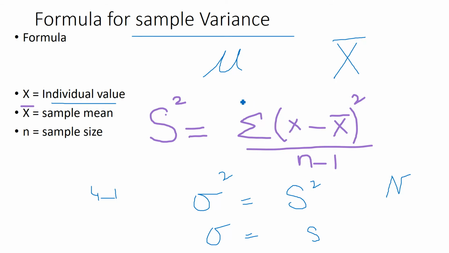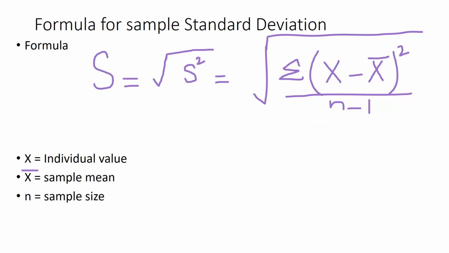In a population, we consider each and every member. In a sample we consider random values. So if we divide by n only, it will underestimate the variance of the population. To make it more or less equal, we subtract 1 and then divide. So this is the main difference.